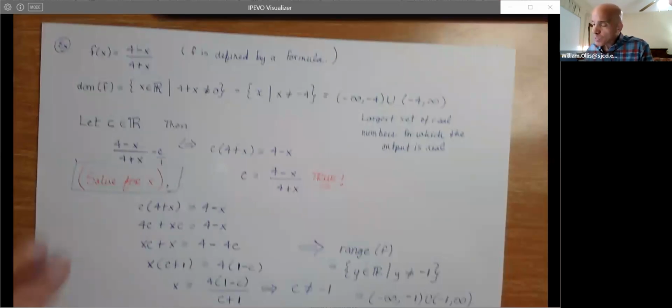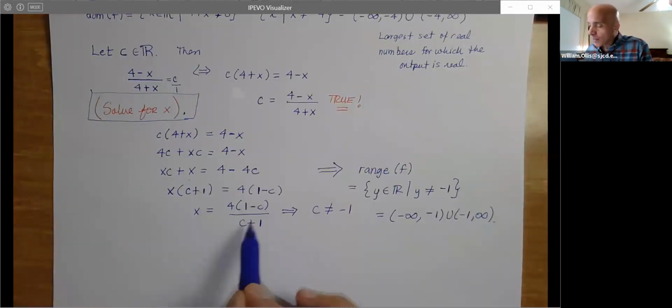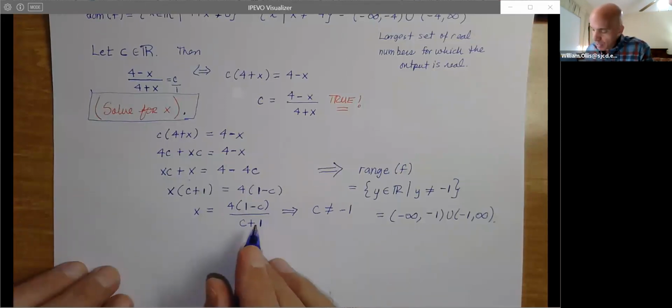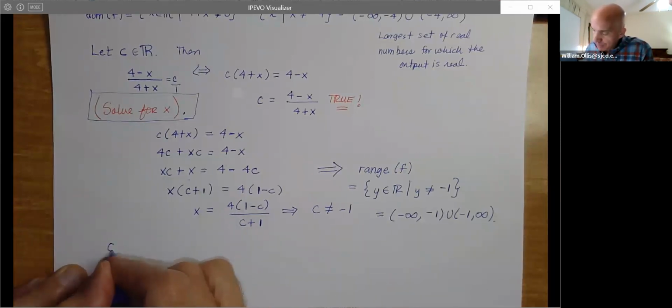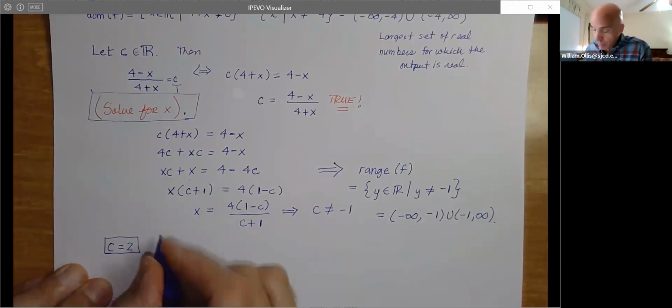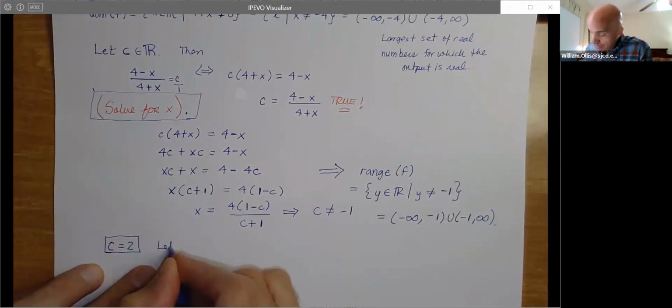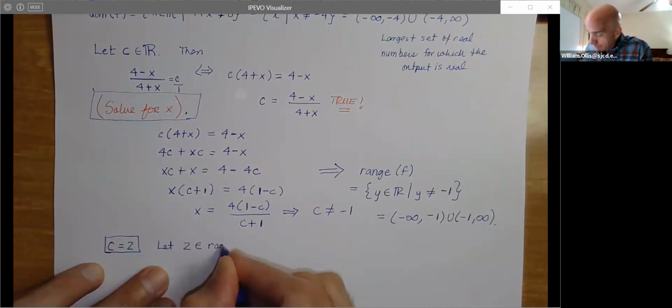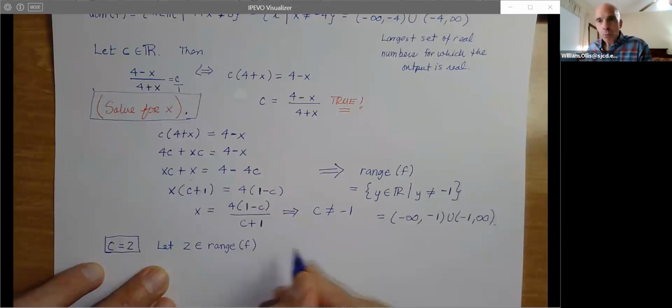Now, let's just do something really simple. You can put any C over here and figure out what the domain element needs to be. So let's just do a little practice here. Say that C equals 2, and that's in the range. So let 2 be in the range of F. Let's figure out what the input is.